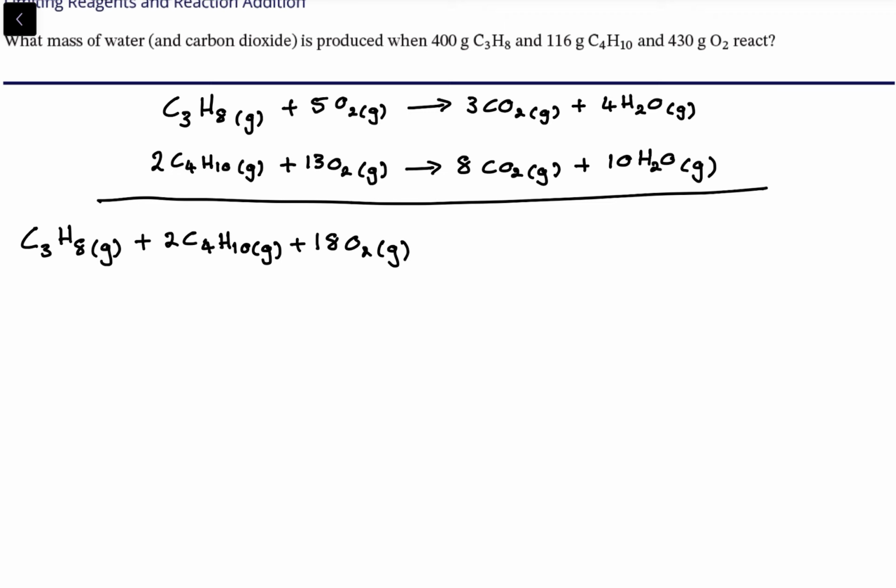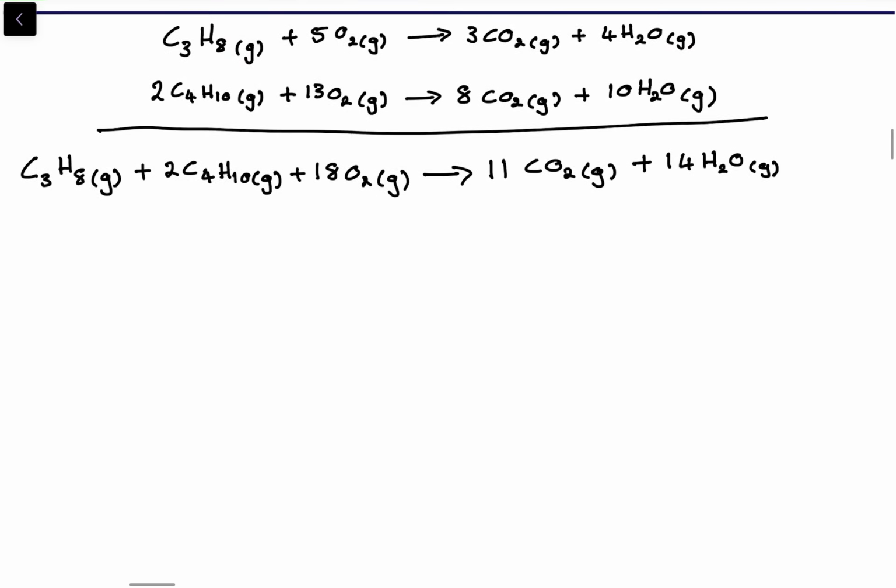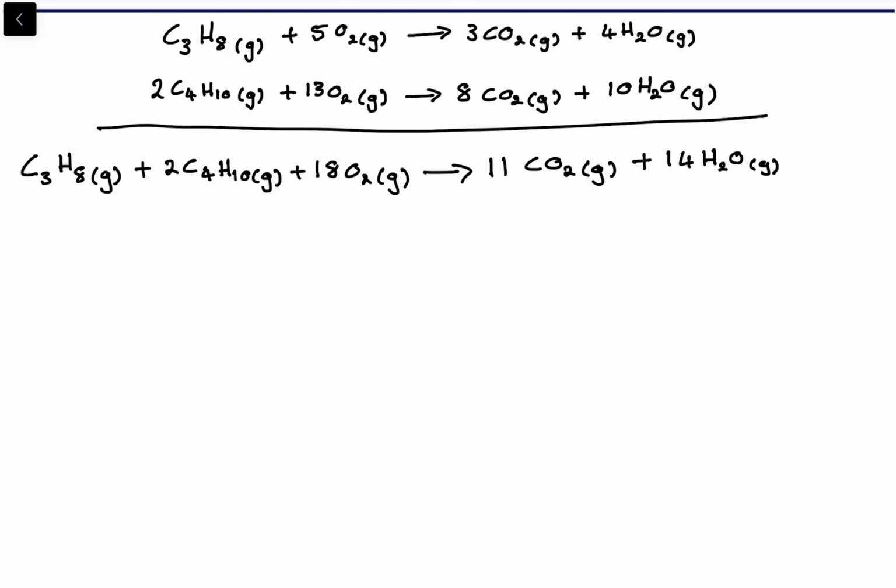You can still think of it as 1 mole of propane reacts with 5 mole of oxygen and 2 mole of butane reacts with 13 mole of oxygen, but it's in one equation now, so it makes it easier to figure out what is going to be the limiting reagent in our given information. Right, and then that's going to form 11 mole carbon dioxide and 14 mole water. Okay, so that's our overall equation.